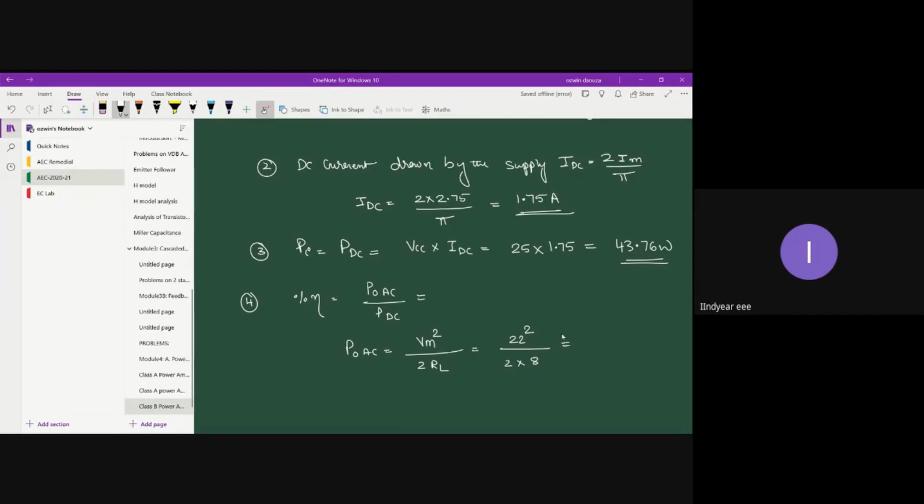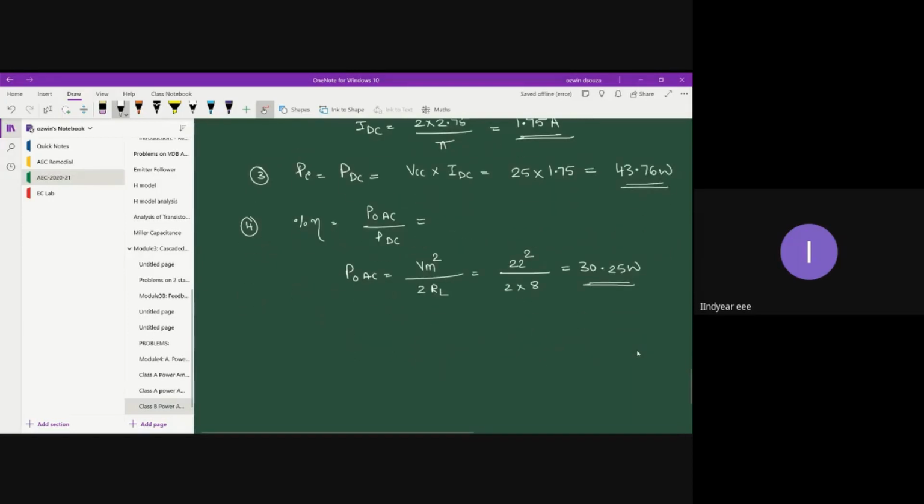So how much will you get? 30.25 watts you will get. All right. So you know now P0 AC. So it is 30.25 divided by 43.76, and that gives a conversion efficiency of 69.11%. Okay. So 69.115% is the conversion efficiency.